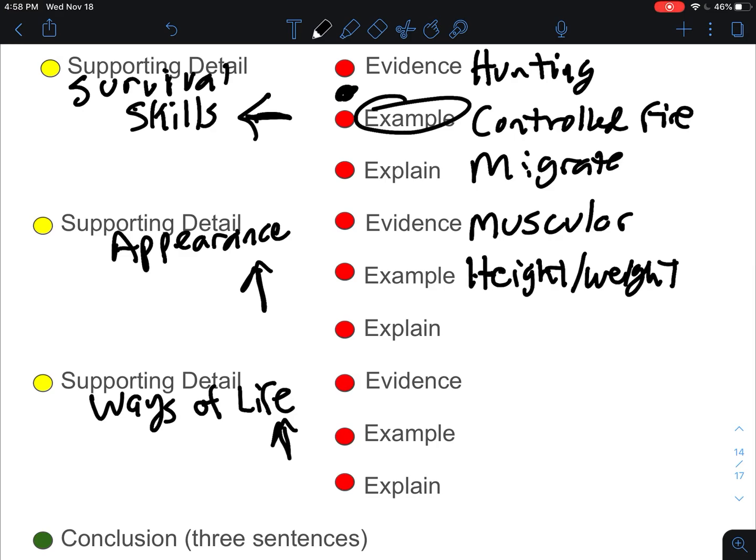So if your first red was one significant quality about their appearance was that Neanderthals were very muscular. And then you'd want to elaborate on that. You'd want to explain that again with a little red and talk about how they were stronger and they had strong hands and arms, things that they talk about in the article, right?